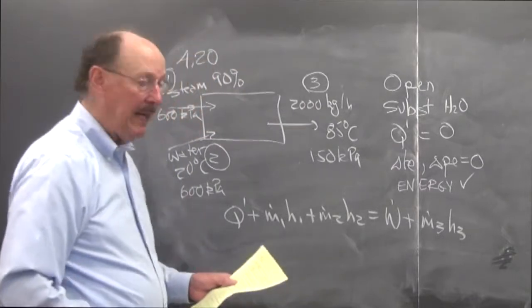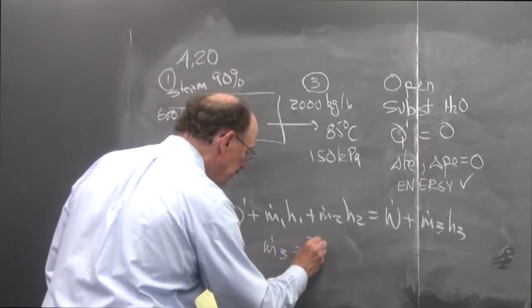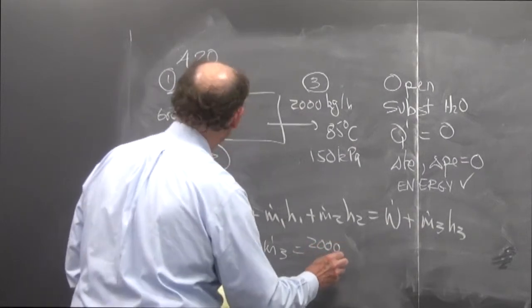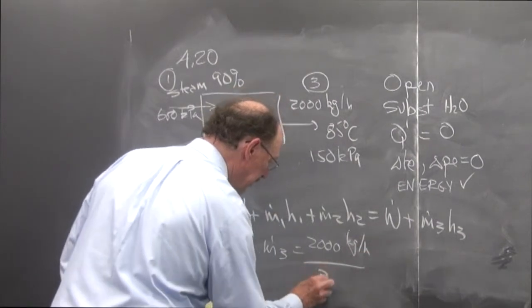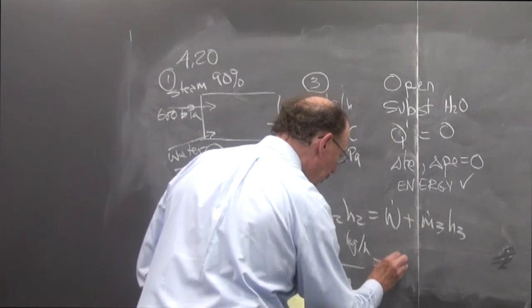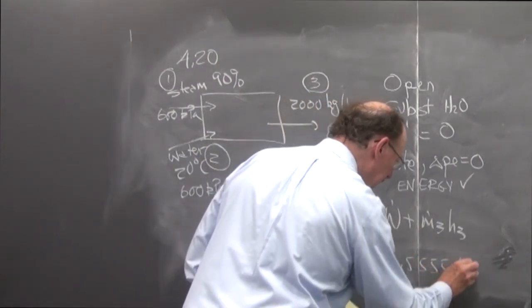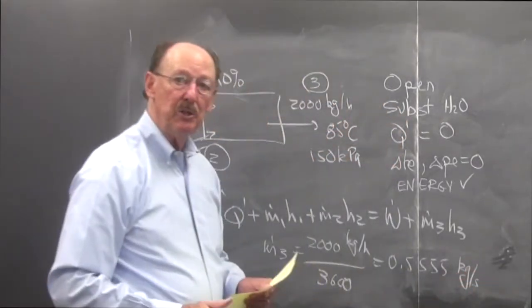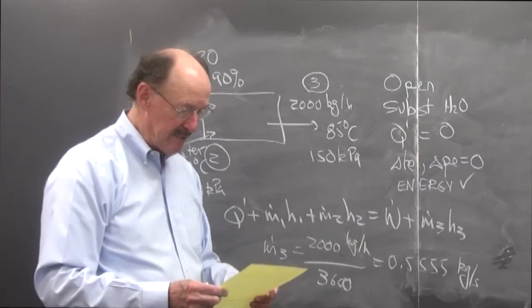And I know m dot 3 is equal to 2,000 kilograms per hour divided by 3,600 seconds per hour. And that's going to give me 0.5555 kilograms per second. So what we want to do is put the mass flow rate in consistent units for SI.